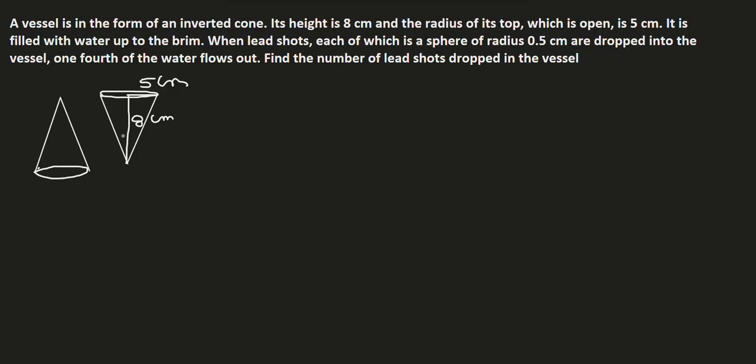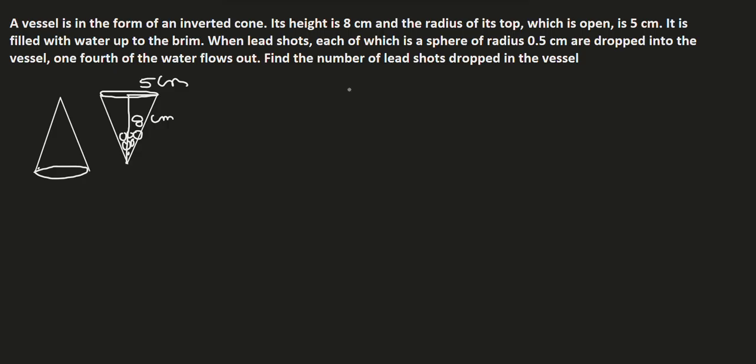When lead shots, these are lead shots, are dropped into the cone, how much water will come out of this one? That must be equal to the volume of these lead shots. We don't know how many lead shots there are.